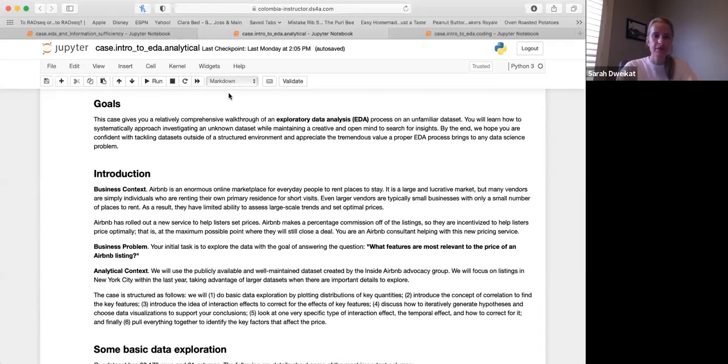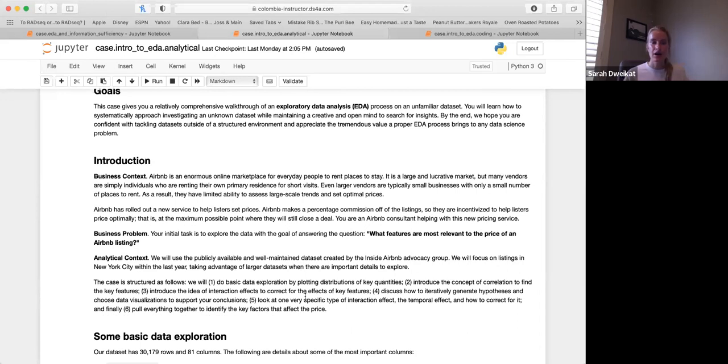Okay. So we're going to be talking about this Airbnb data, and our business context for this is that Airbnb is basically a bunch of small businesses combined into one larger umbrella, because each person is renting out their home or apartment.